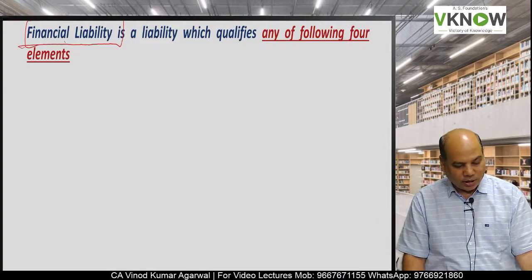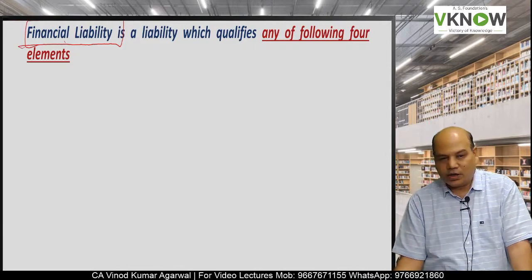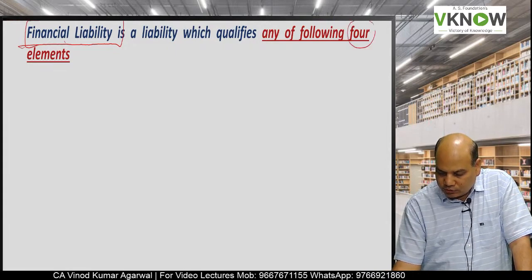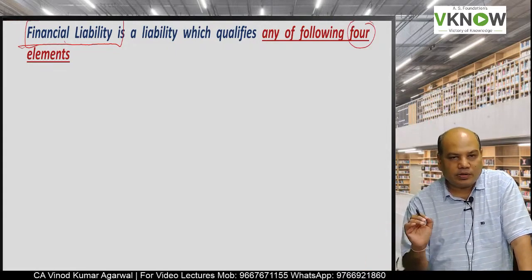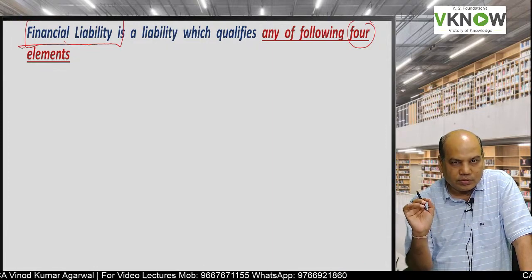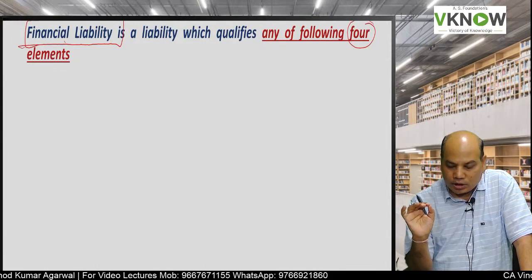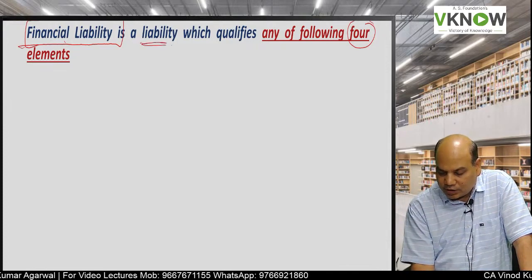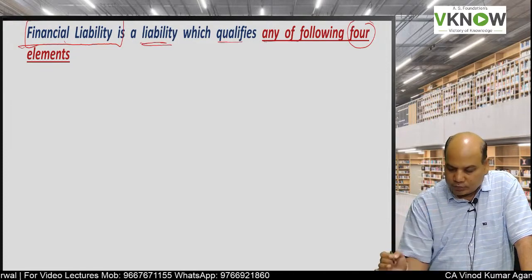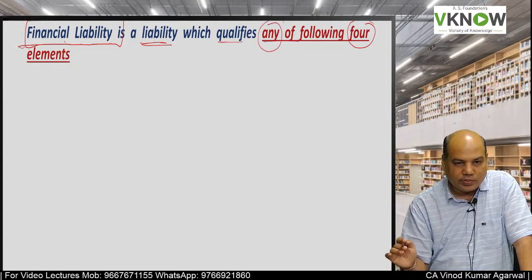And now let us come back to the meaning of financial liability. This is one of the little complicated parts of the standard, but trust me, if you pay attention, you'll be able to understand. A financial liability is a liability which qualifies any of the following 4 elements.